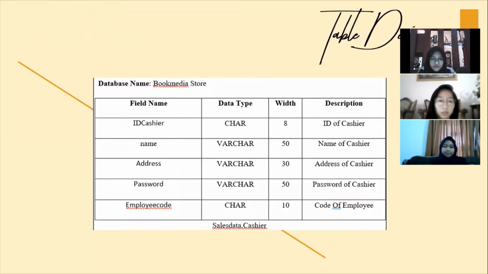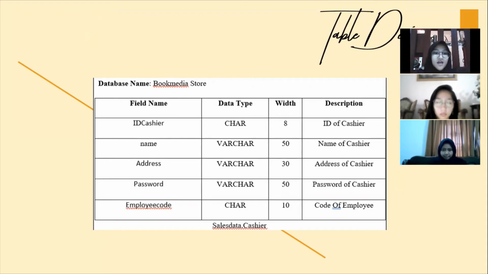Next. The second is the table of sales data cashier. The first field name ID cashier, data type char with 8, description ID of cashier. Second, field name cashier name, data type varchar with 50, description name of cashier.